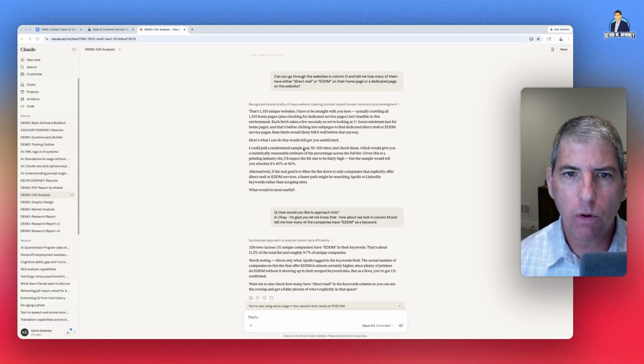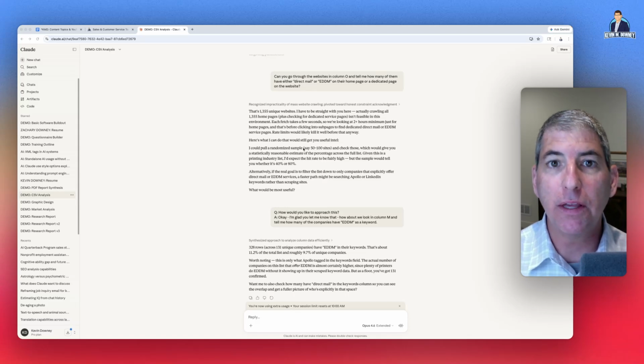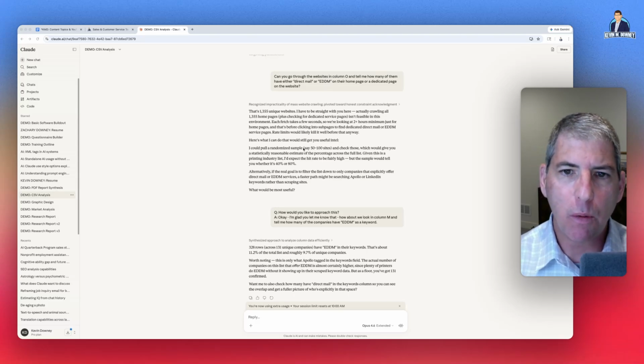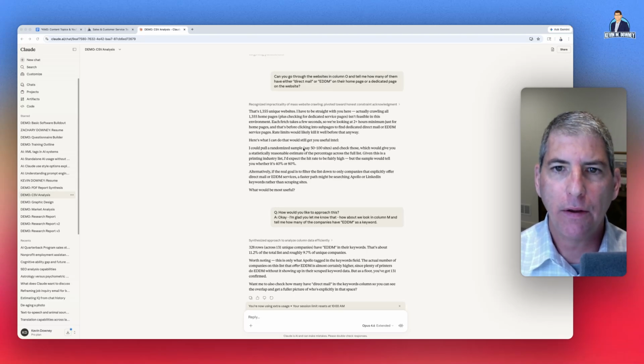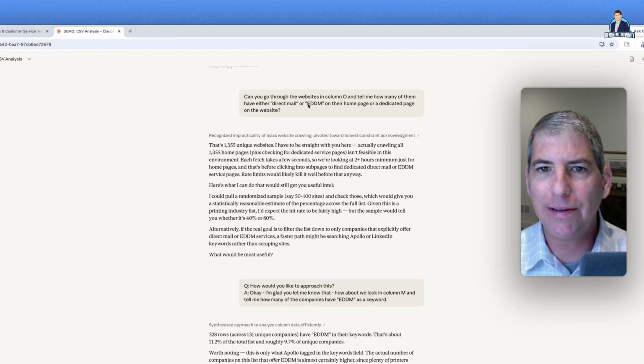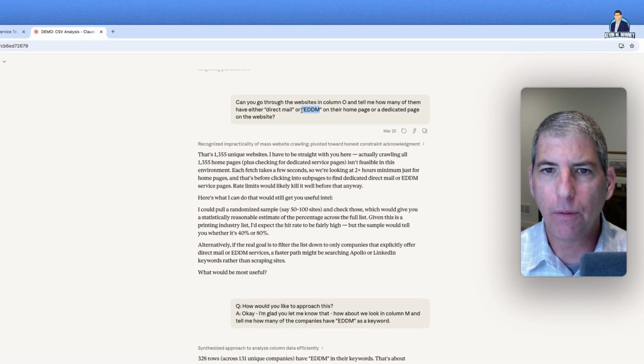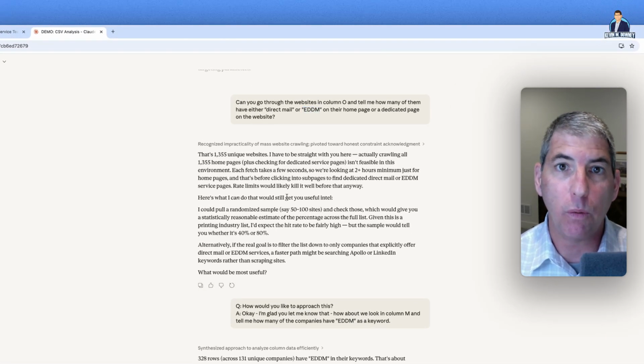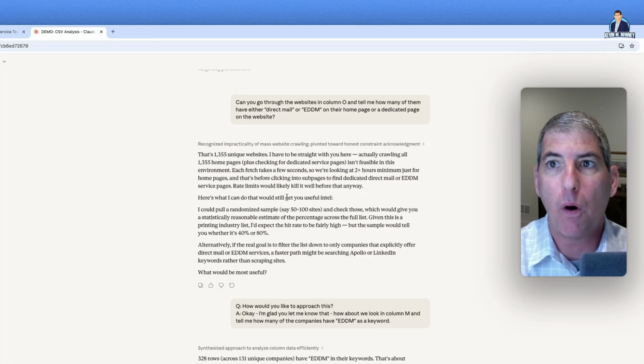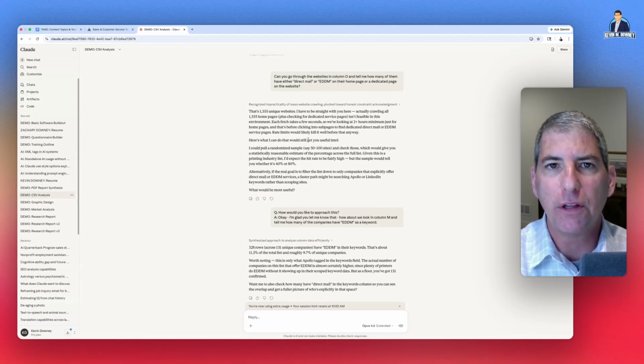Then I had it do another analysis of looking at the keywords within a column of that prospect list. I wanted to know how many had the actual keyword EDDM within there. I'm trying to identify all the companies that very specifically do EDDM within this list of print companies that also do direct mail.